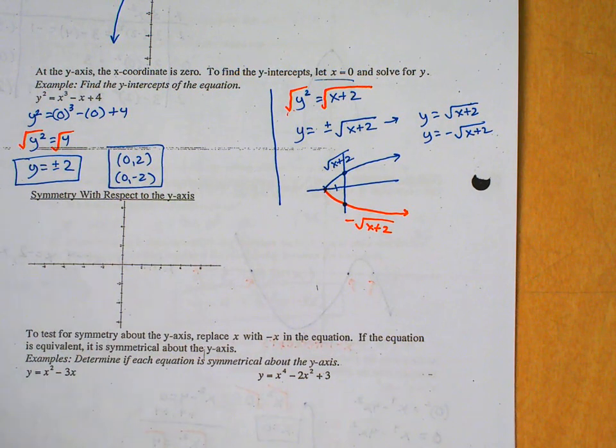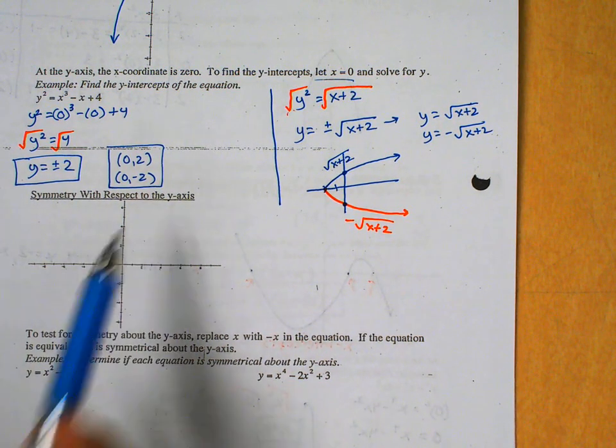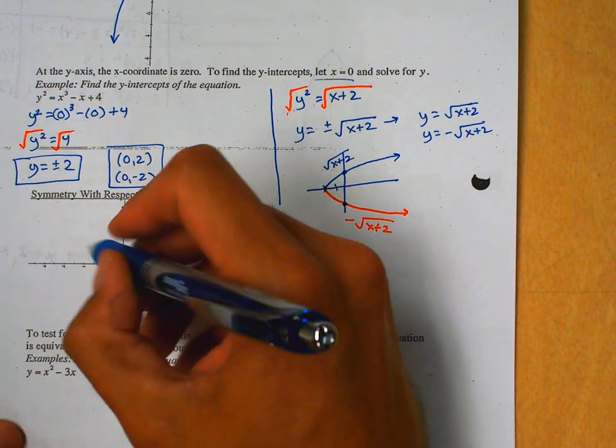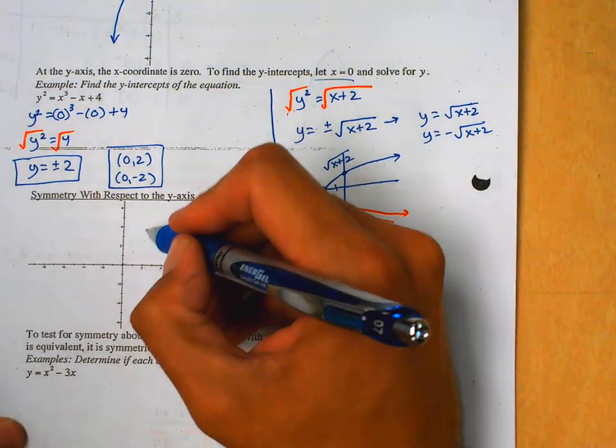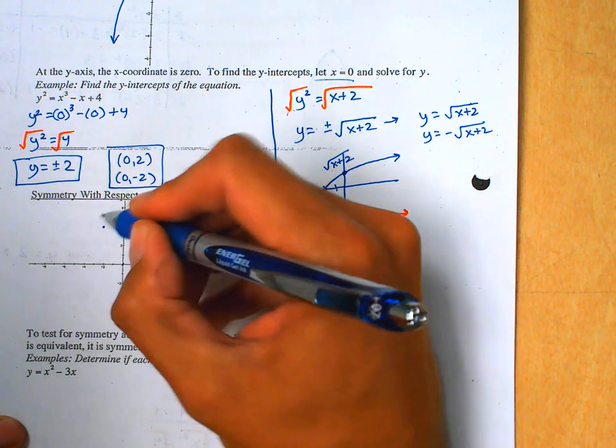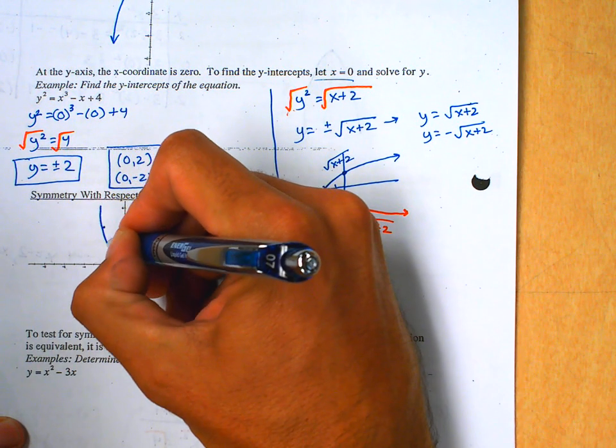All right, now, symmetry with respect to the y-axis means it's a mirror image of itself about the y-axis. Basic thing that is symmetric with respect to the y-axis is a parabola. I'm just going to draw as best I can.